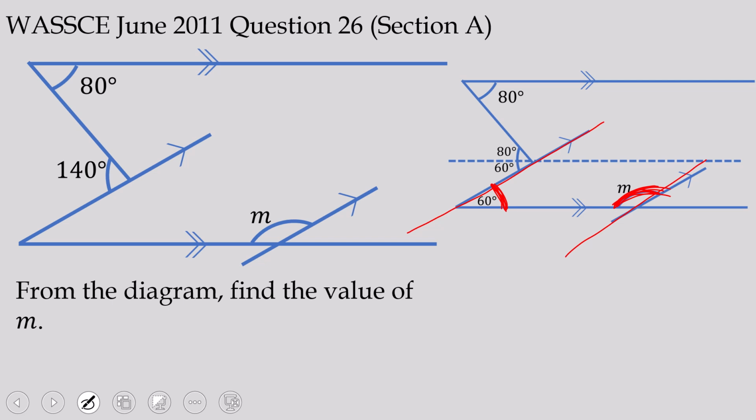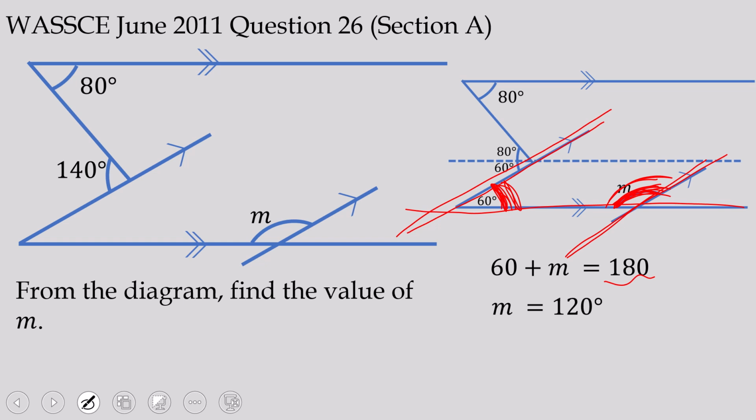So you can see I have the two parallel lines and I have the transversal line. And these two over here are co-interior. So for co-interior angles, they are supplementary angles, meaning they sum up to 180 degree. So therefore the 60 over here plus the M is supposed to give me 180. So I solve for the M to get M is equal to 120 degree.